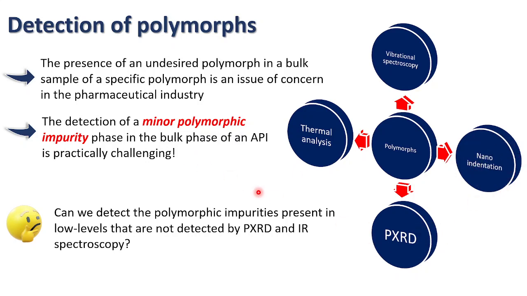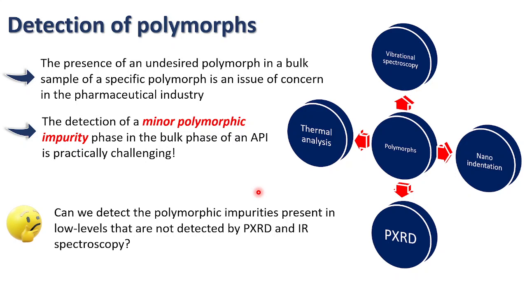The detection of minor polymorphic impurities, meaning the amount of the polymorphic sample, is very important. That is practically very challenging. The quantitative detection is also difficult, since sometimes the amount of one polymorphic sample is very small.